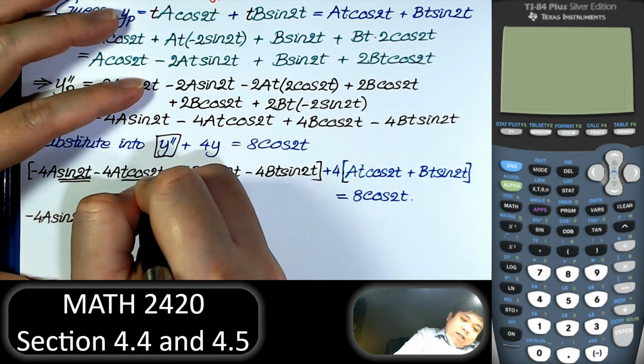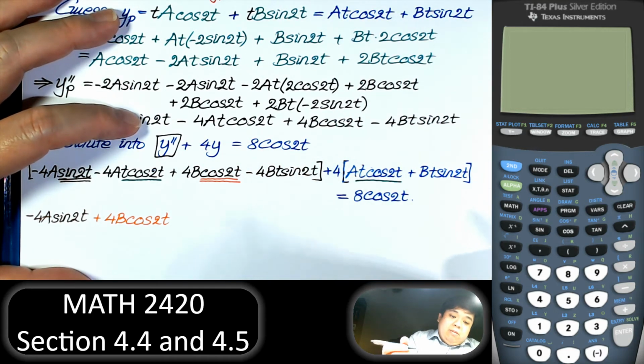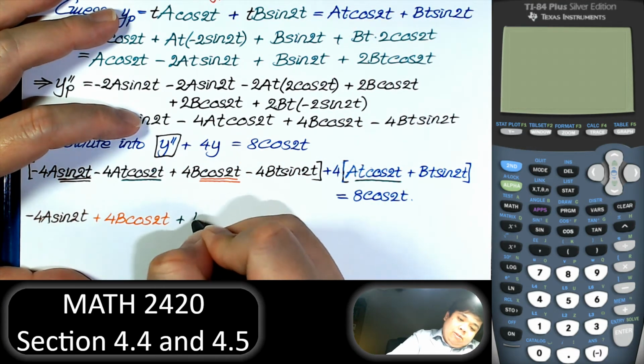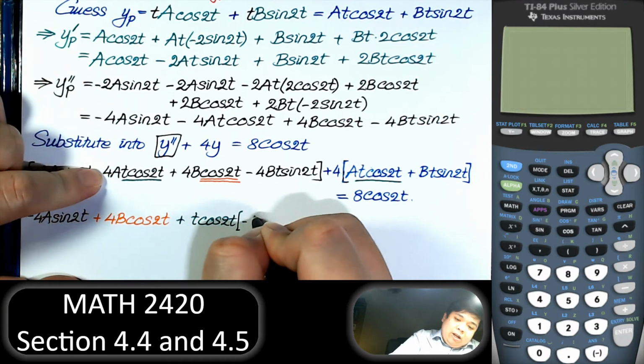Now we have the t cosine 2t. Need to combine them. T cosine 2t. Inside we have negative 4a.